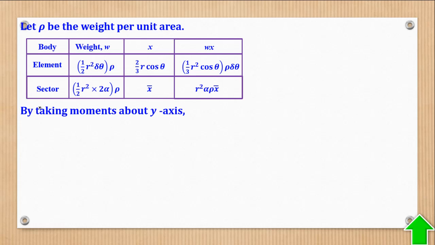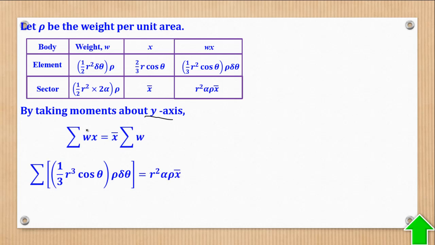So next is to take moments about the y-axis, meaning I have to get x bar. So that is the formula. Sum of moments is equal to moment of sum. Then you substitute. The whole of this is here, and this is here. But there's x bar here.